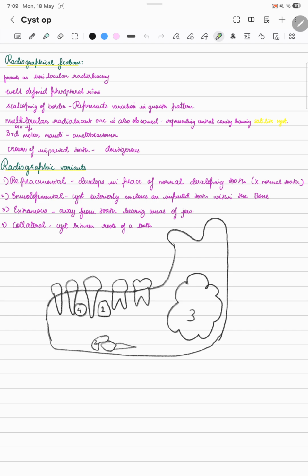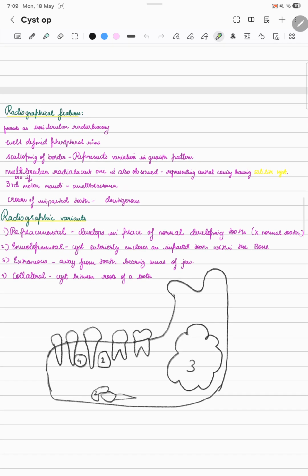These satellite cysts are remnants of the OKC. When the OKC is excised, some part of the cyst is left behind, which can regrow to form another large OKC. These remnants are your satellite, or daughter, cysts.